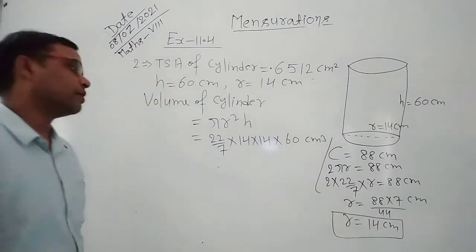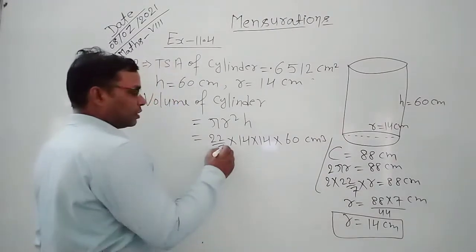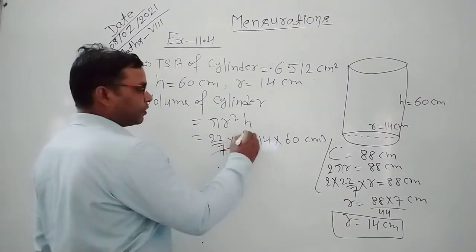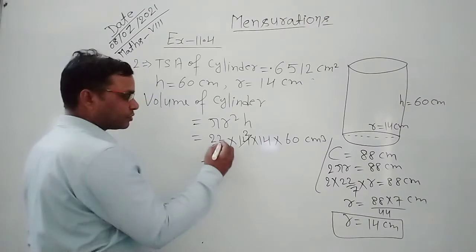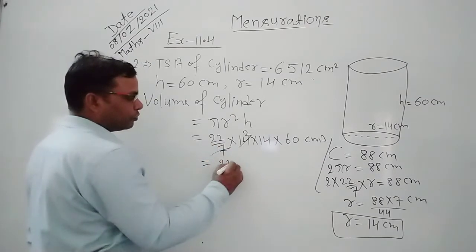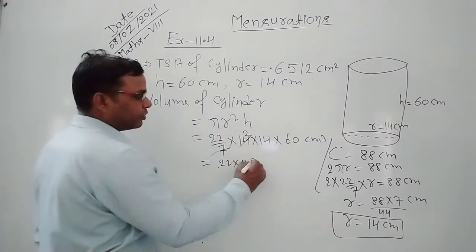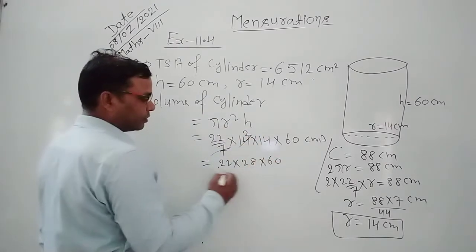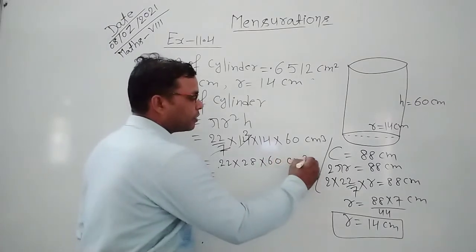Okay. So you can cancel it by 2. You get here 2 and here we get 22 into 28 into 60. Clear? In centimeter cube.